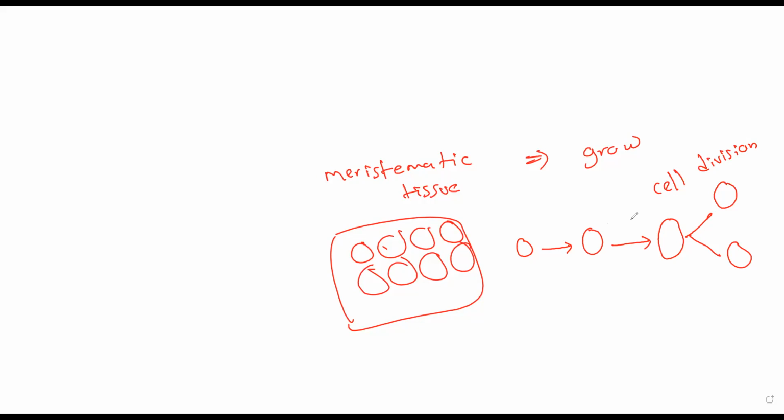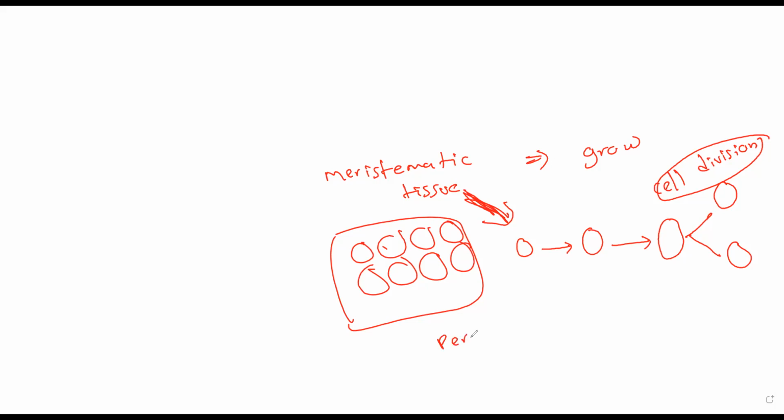So meristematic tissues will grow and they will divide, which means there is cell division in the meristematic tissue. Is that clear? Based on the cell division only, children, we are classifying it as meristematic tissue and permanent tissue.